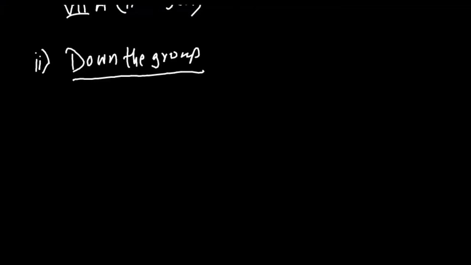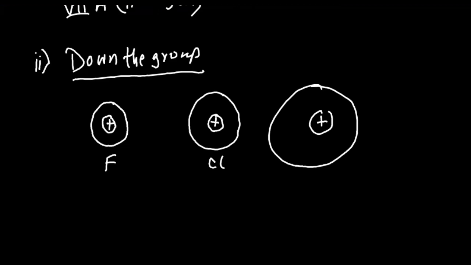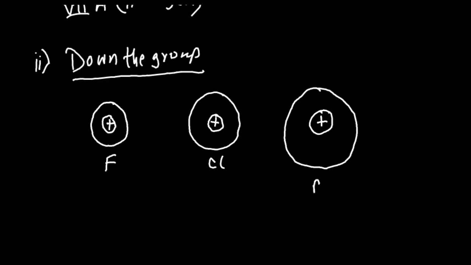Suppose this is the nucleus. Suppose this is fluorine, the outermost shell. For chlorine, the outermost shell size will increase. Suppose this is chlorine. Suppose this is bromine.